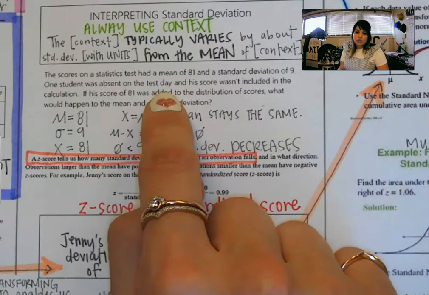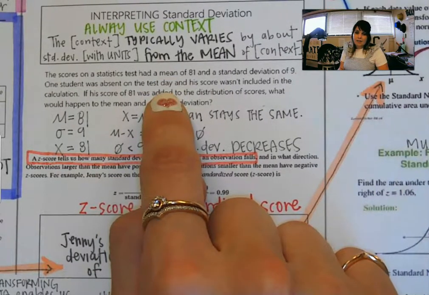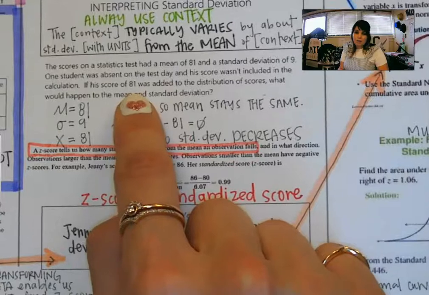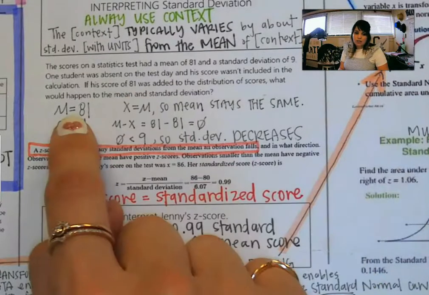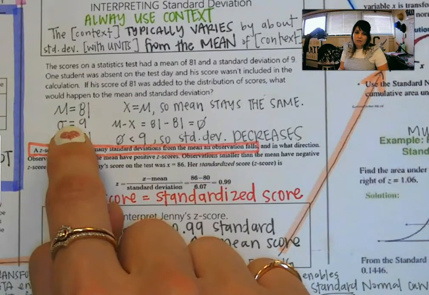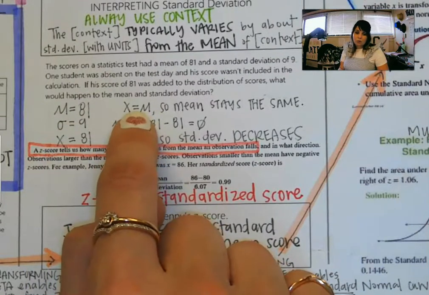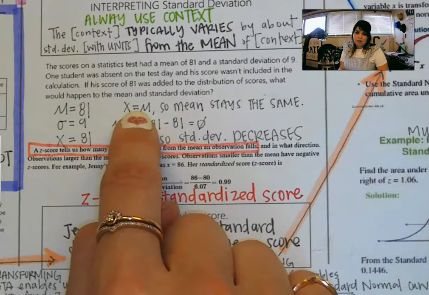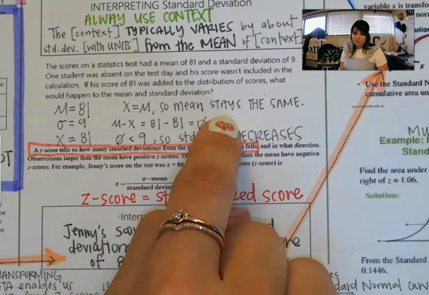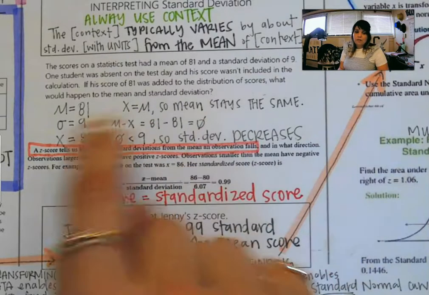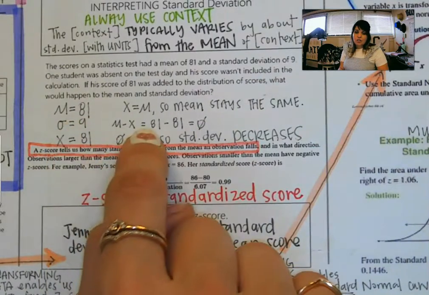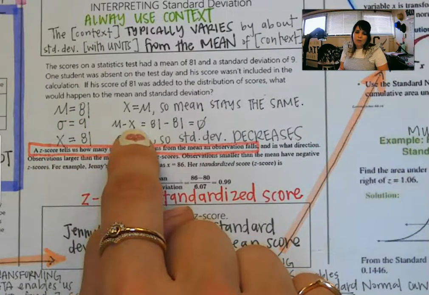If one student was absent on the test day and his score was 81, what would this do to the mean and the standard deviation? Well, the new score equals the mean, so the mean would stay the same. The standard deviation, well, we want to look at how far away from the mean is our new observation.